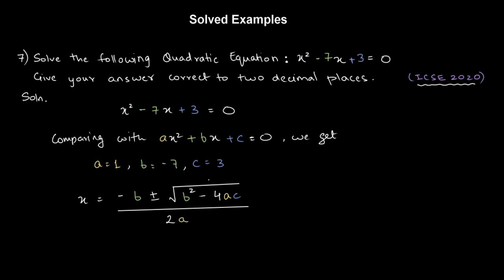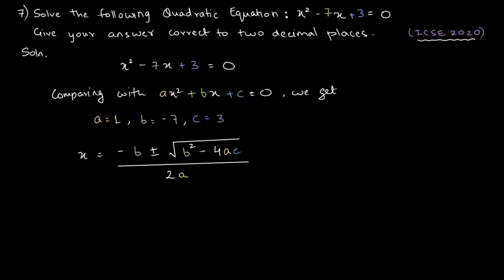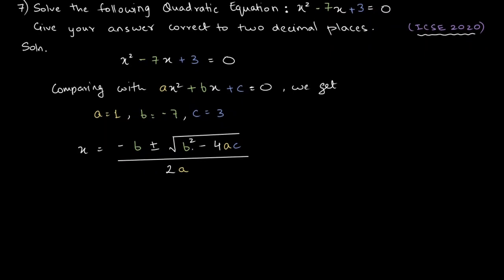And this is our quadratic formula: x is equal to minus b plus minus square root of b squared minus 4ac upon 2a. Now, some students find it convenient to first find the value under the square root, b squared minus 4ac, and then substitute and solve. I personally prefer using the formula directly, so it's up to you.